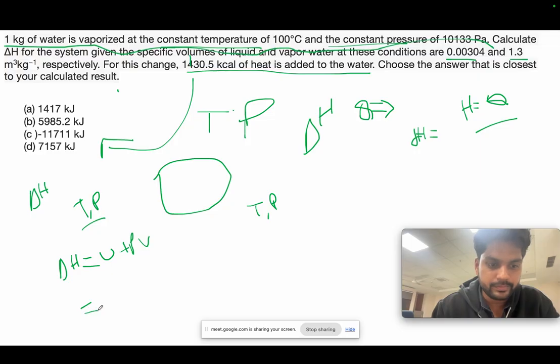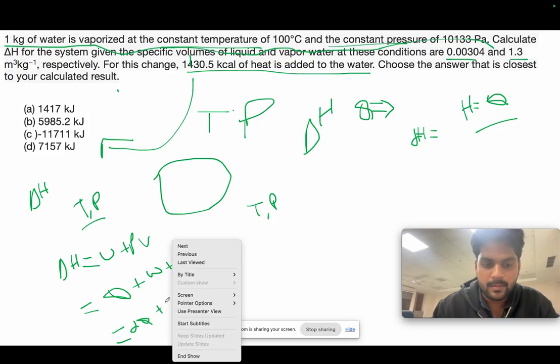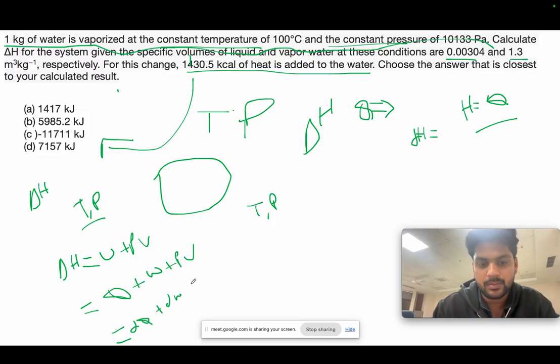If I take U as Q plus W, plus PV, you can also write dQ plus dW plus d(PV), and d(PV) means PdV plus VdP. They said constant pressure, so VdP will be 0.